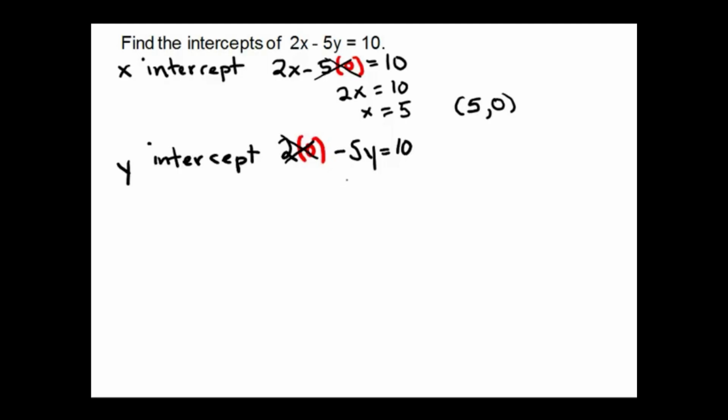That piece cancels out with -5y equals 10. Divide on both sides by -5 will give us y equals -2. To write it as an ordered pair, our x is 0 and the y is -2. So here are our intercepts.